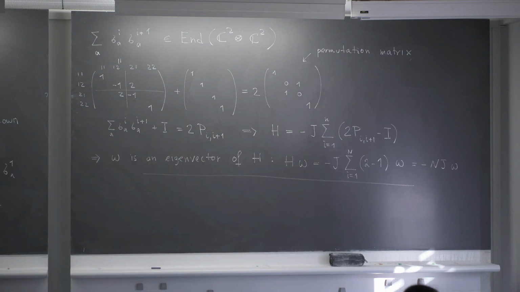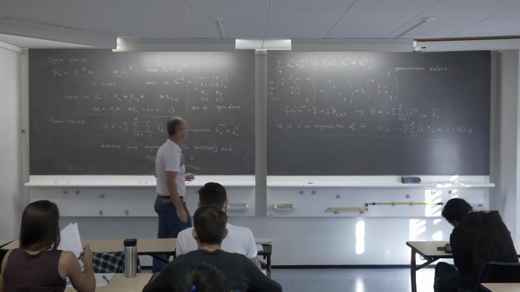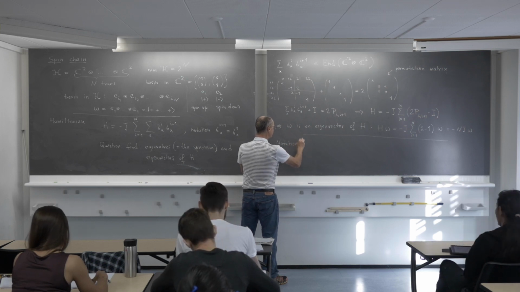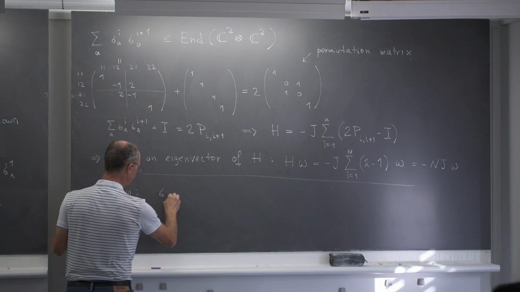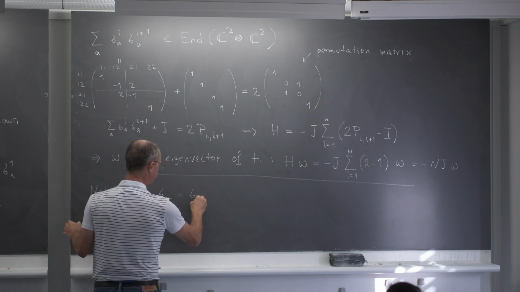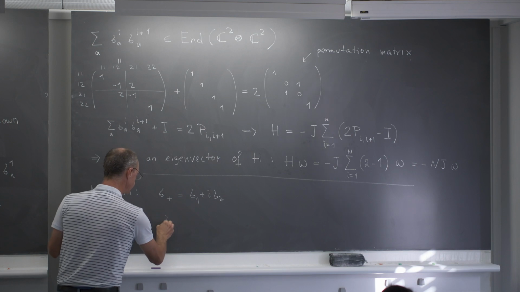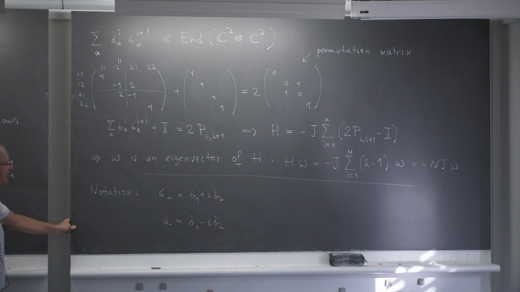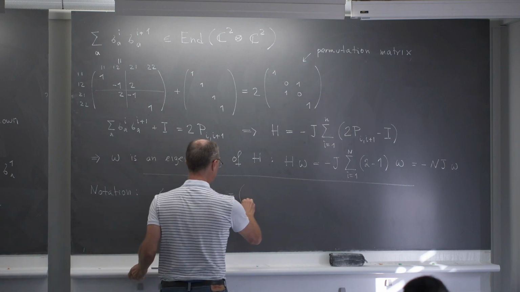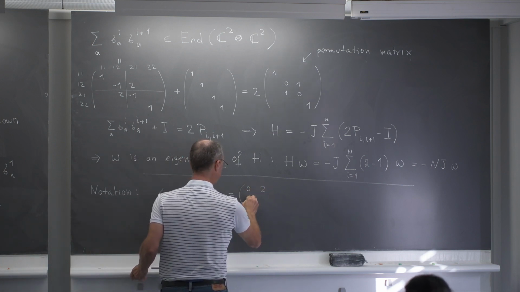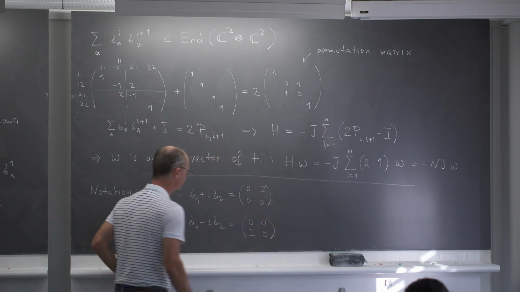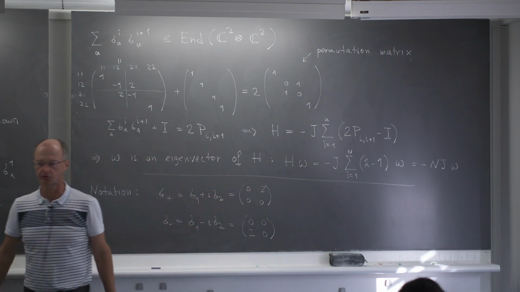Okay, so maybe the last thing I want to introduce is a small piece of notation. Let me introduce the combinations of the Pauli matrices sigma 1 plus or minus i sigma 2, and these are simply upper and lower triangular matrices, and if I'm not mistaken, the value will be equal to 2.